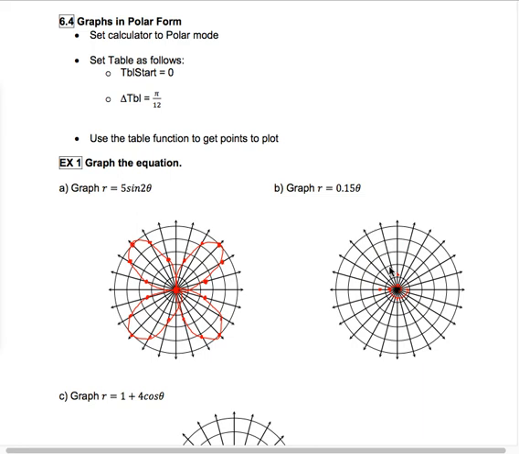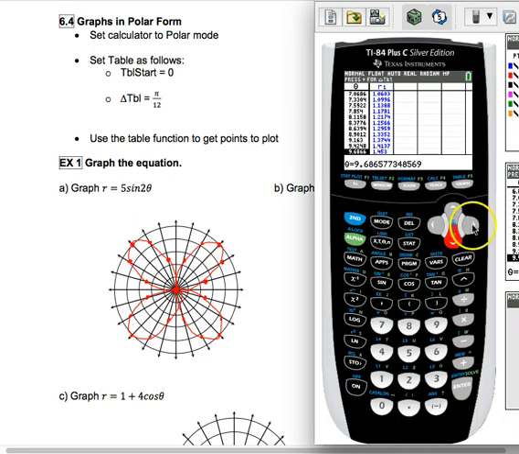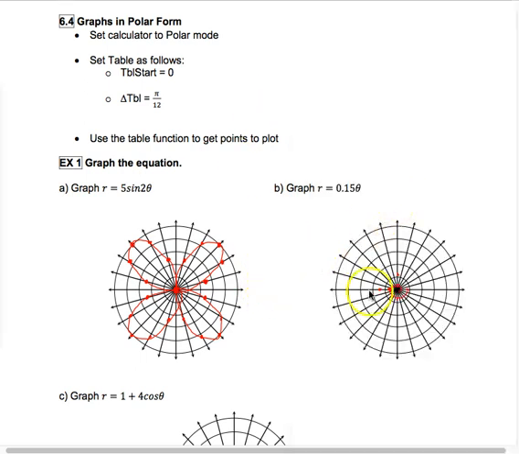Then move to the next quadrantal, which is going to be at almost 11. So scroll down. There we are. And almost 11, 1.65 about. So 1.65 down here.